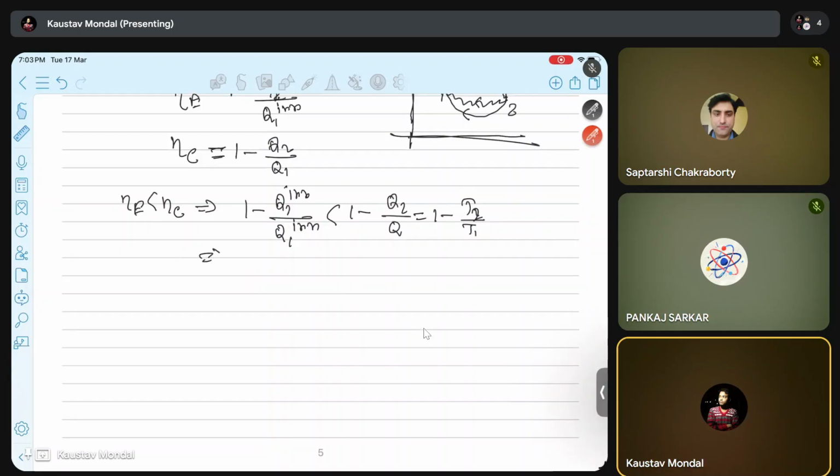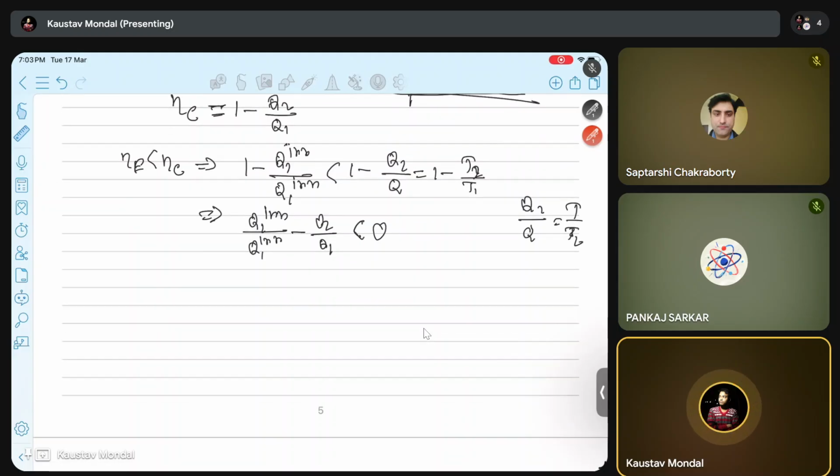Now if you do some calculation, you will get Q2 irreversible by Q1 irreversible minus Q2 by Q1 to be less than 0.